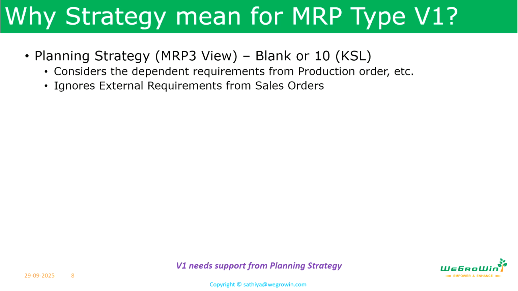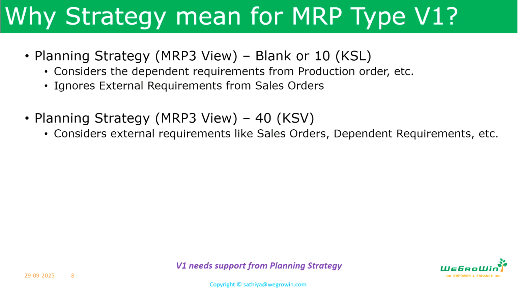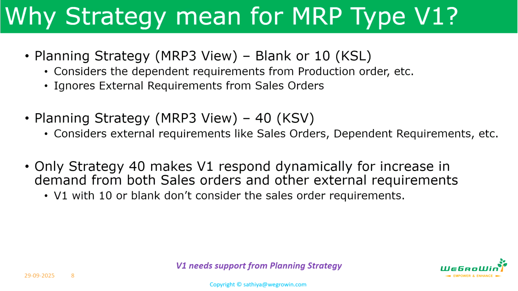They consider only the dependent requirements from production orders, reservations, etc. Combining with V1, strategy 40 with requirement type KSV detects sales orders along with dependent requirements, reservations, etc. So, only strategy 40 makes V1 respond dynamically to an increase in demand from both the sales orders and other external requirements. Let us start with the business case to demonstrate this difference in SAP.